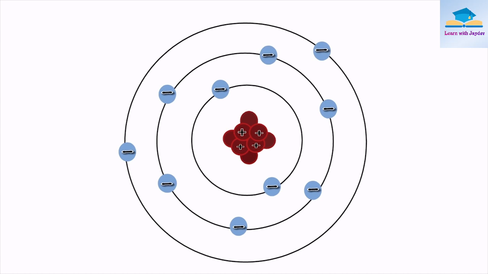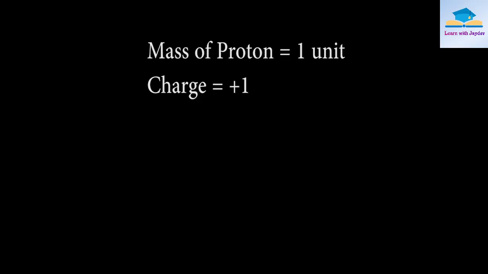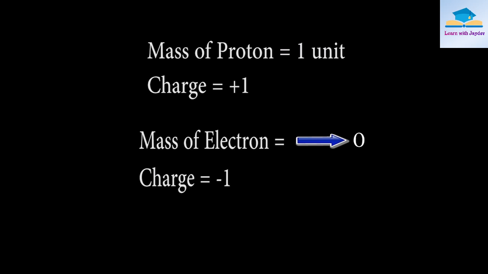In general, an electron is represented as e negative and proton as p positive. The mass of proton is taken as 1 unit and its charge as +1. The mass of an electron is considered to be negligible and its charge is -1.